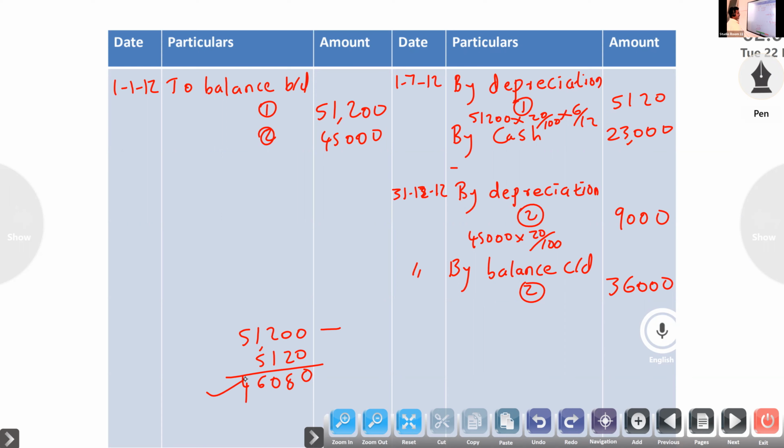So we'll get 46,080. So that compare with 23,000. So loss only. Compare with 23,000. So we'll get 23,080. This is loss, by profit and loss account, 23,080.